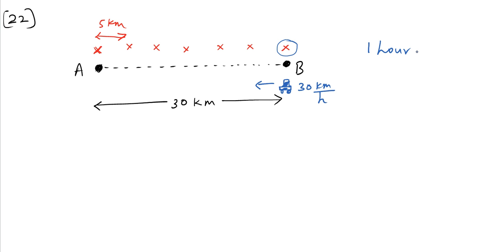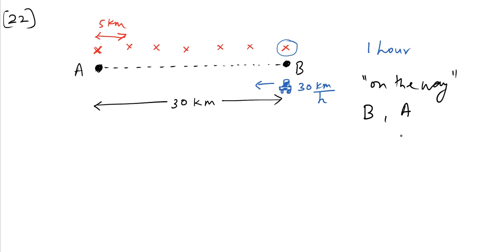And the question is, how many cyclists does this motor car meet on the way? And the phrase "on the way" has to be interpreted to mean that we have to ignore the cyclist or cyclists which the motor car meets at the town B and at the town A. If at all he meets anybody at the town, that is, at the starting point or at the end point of the journey, then those cyclists have to be ignored.